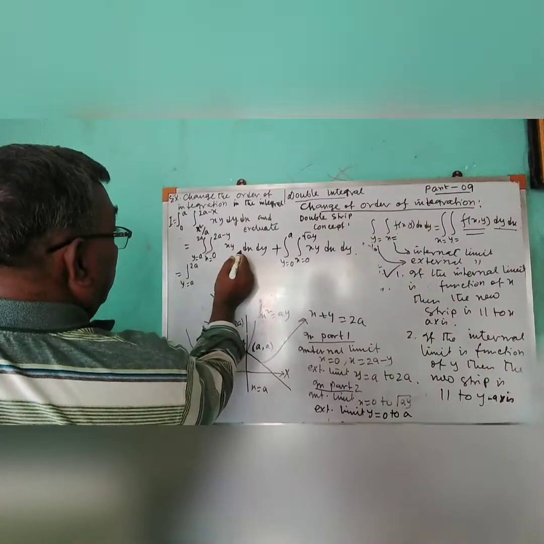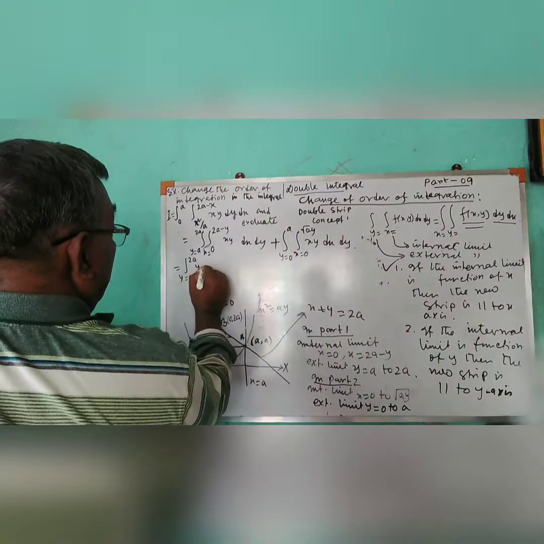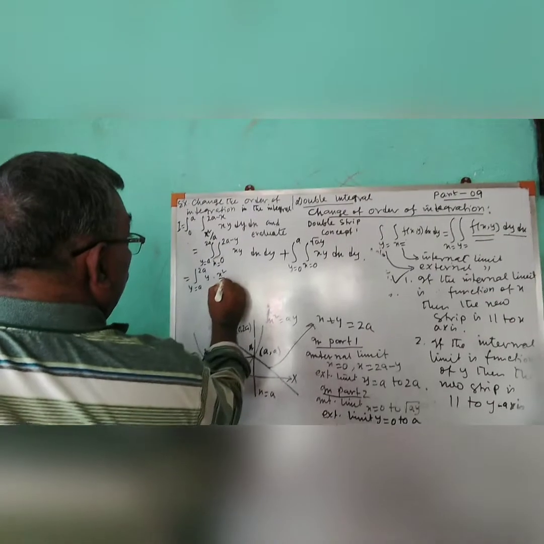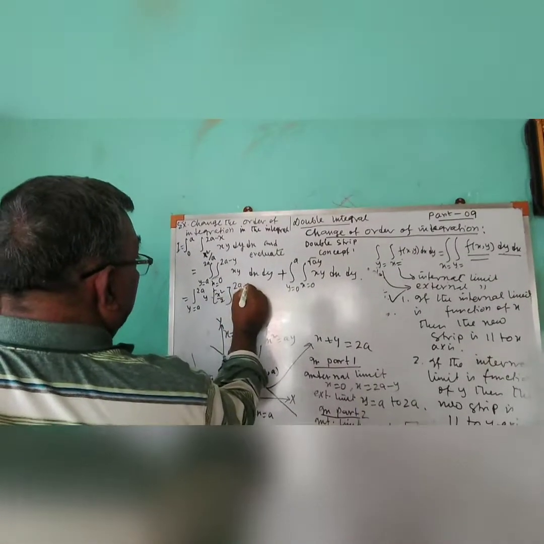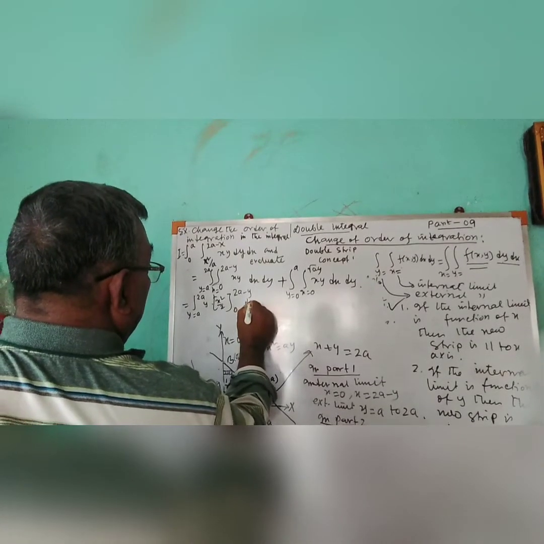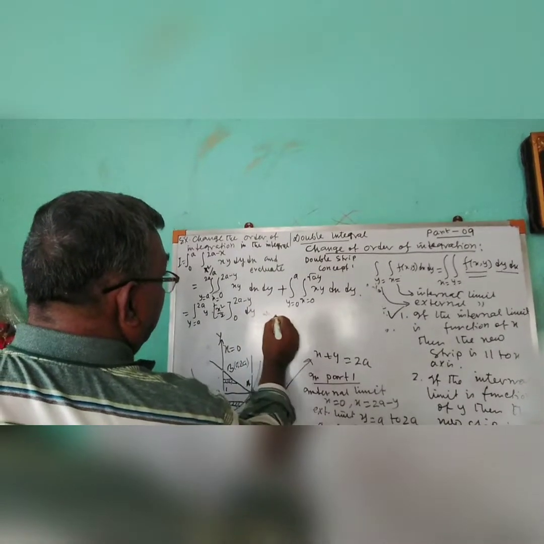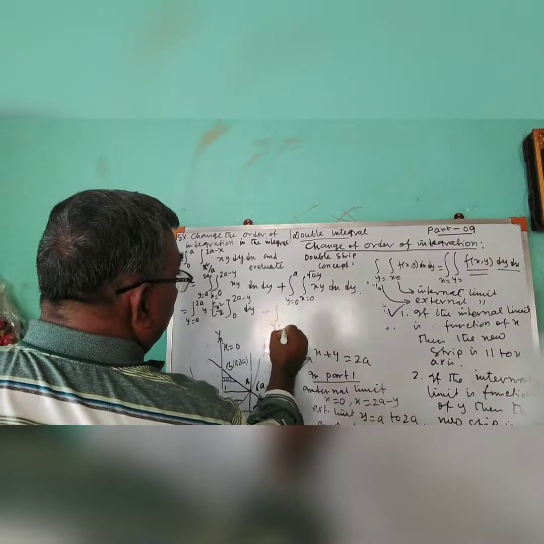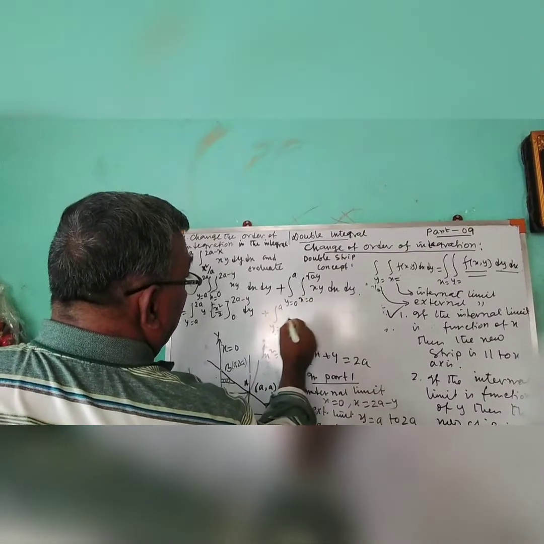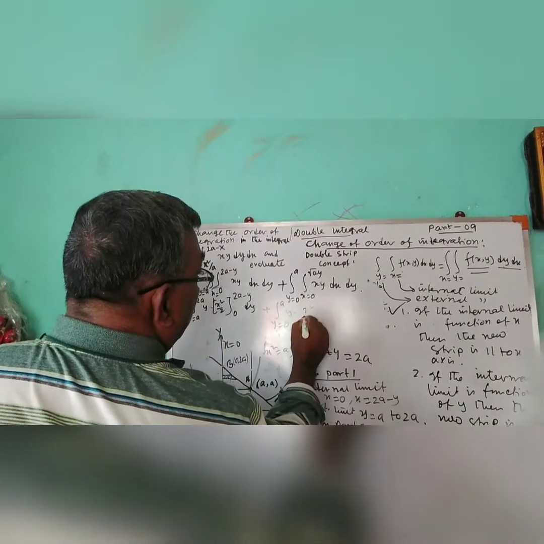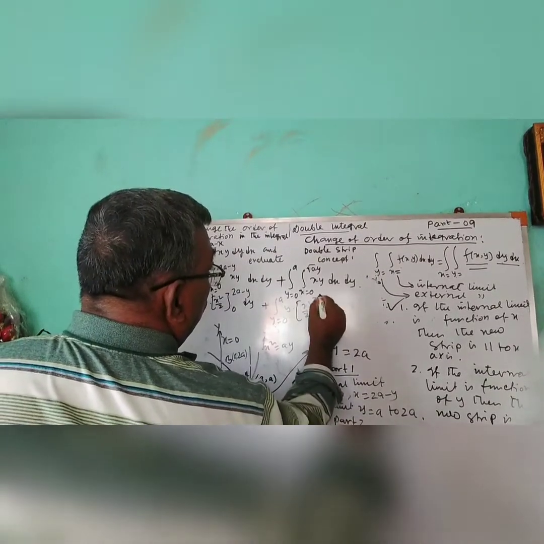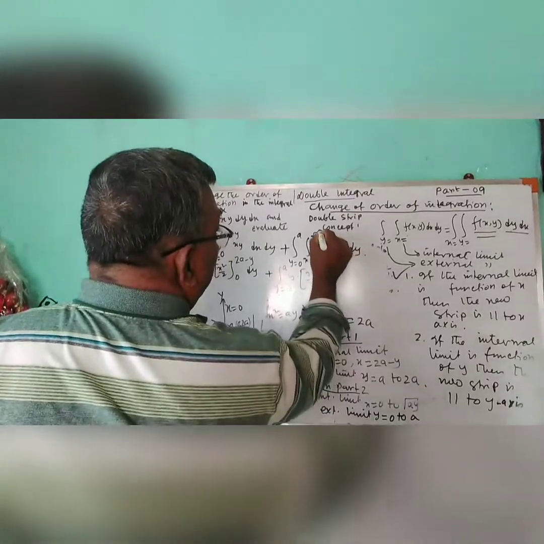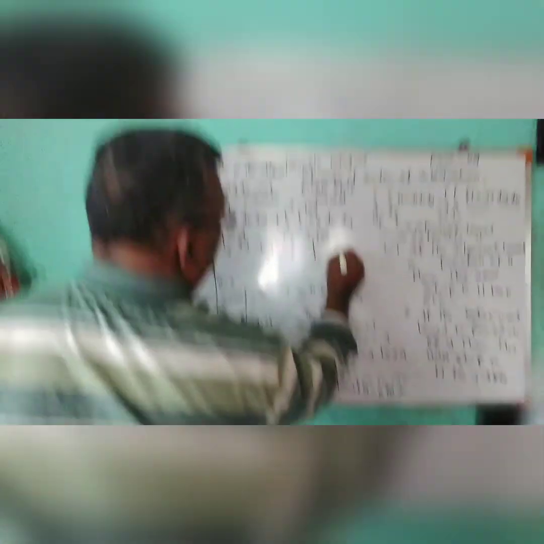Here with respect to x, that is y into x square by 2, that is 0 to 2a minus y dy plus y equal to 0 to a y x square by 2, then 0 to root over ay, with dy.